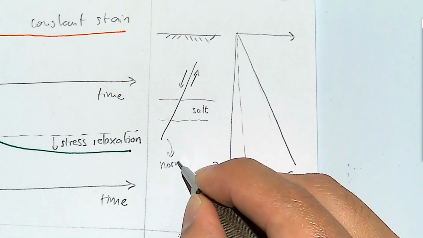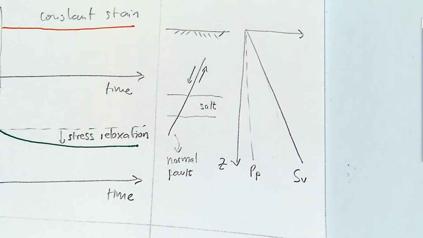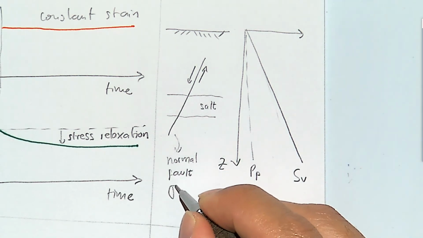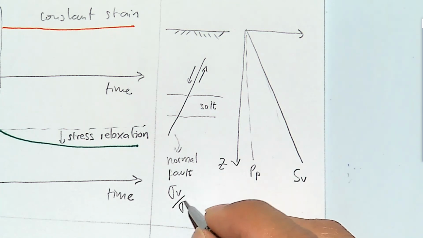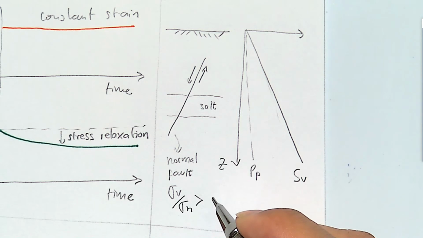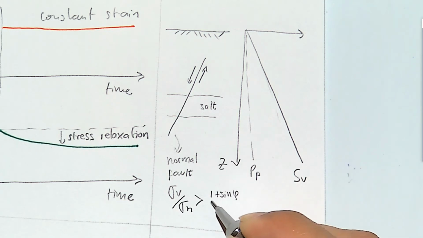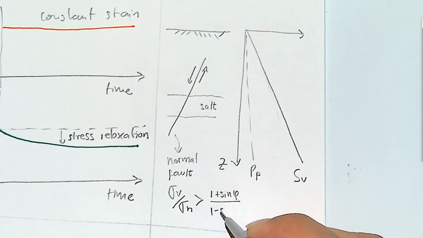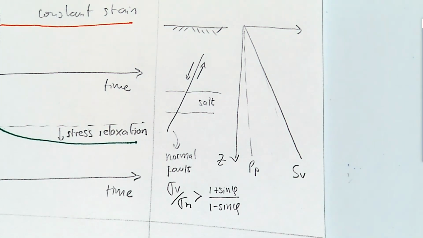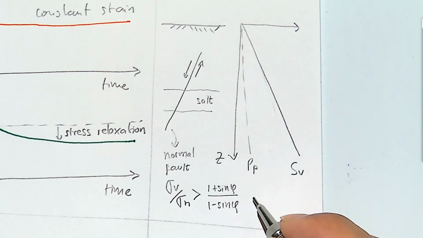So we haven't got into that yet, but this is a shear failure, and this happens because sigma v divided by sigma h is higher than the friction capacity of the material, that we'll see later on, that we'll call the parameter Q. It depends on the friction angle as 1 plus the sine of the friction angle divided by 1 minus the sine of the friction angle. Put 30 degrees here, and you will get that this is about 3.